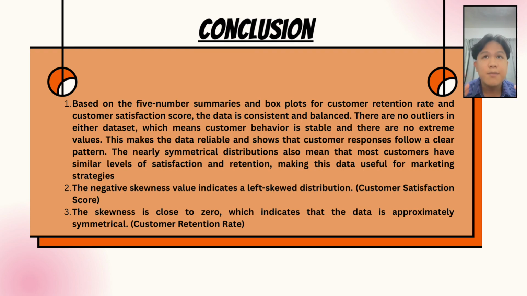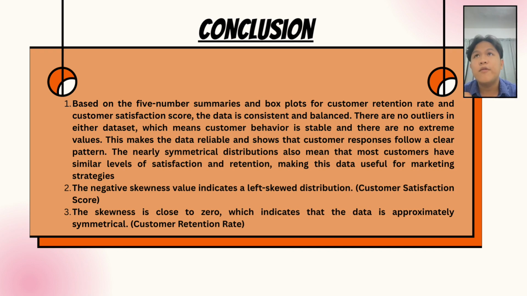So this makes the data reliable and shows that customer response follow a clear pattern. The nearly symmetrical distribution also means that most of the customers have similar levels of satisfaction and retention. So this makes the data useful for marketing strategies.